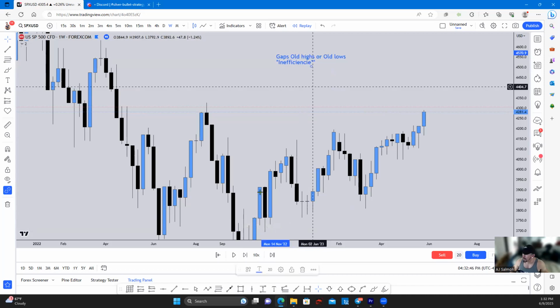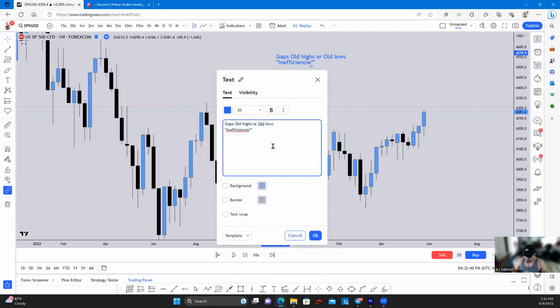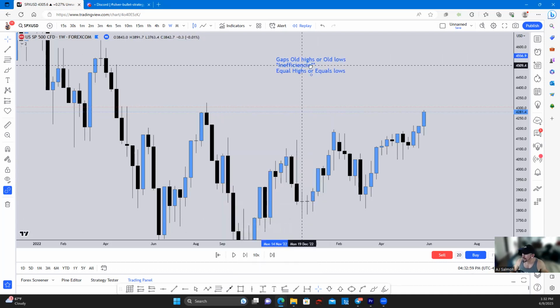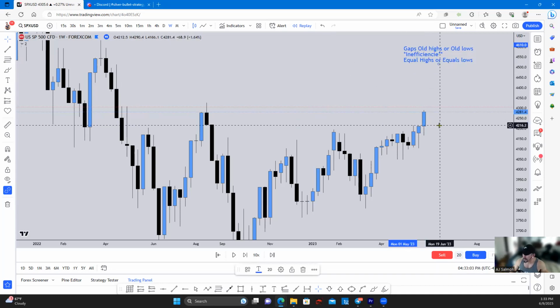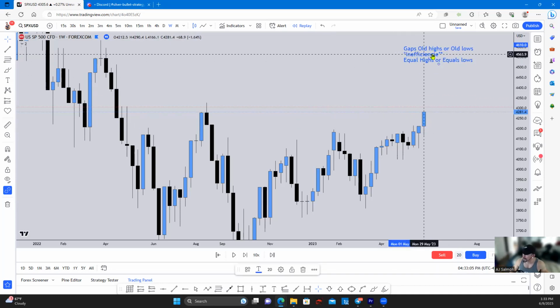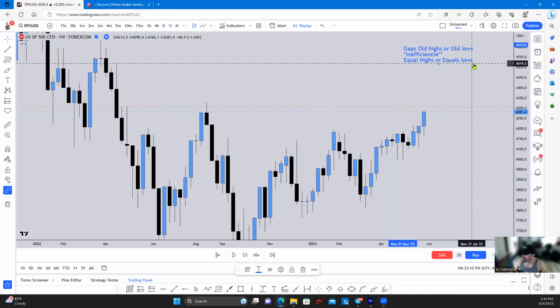We also look for equal highs or equal lows. So these are all the things that we're looking for from the top down. Gaps, old highs, old lows, inefficiencies, equal highs, or equal lows.